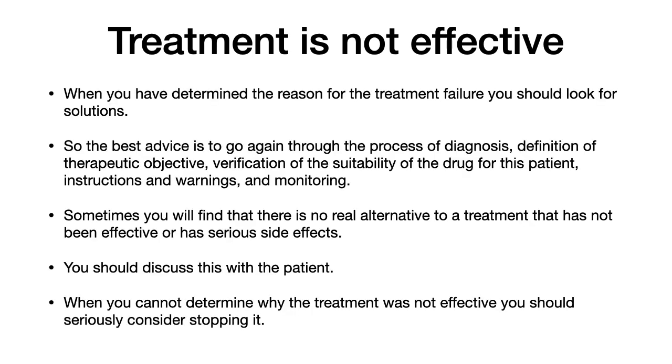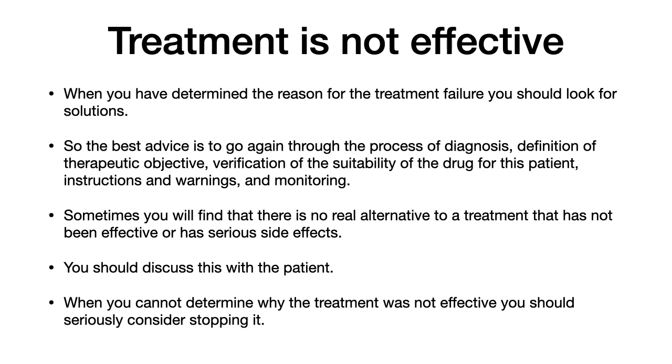When we determine that the treatment is not effective, the best advice is to go through the process again: try to define the patient's problem, set your therapeutic objective, and verify the efficacy, safety, suitability, convenience, and cost, and also how the patient is instructed and what to monitor.